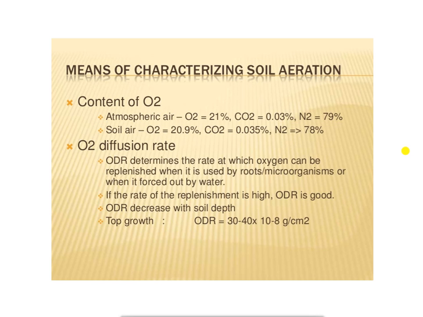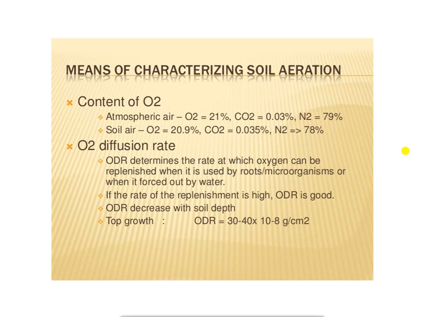In contrast, soil air contains 20.9% of oxygen, 0.03% of carbon dioxide, and nitrogen 78%. Do you know what ODR is? It determines the rate at which oxygen can be replenished when it is used by roots or microorganisms or forced out by water. It is called oxygen diffusion rate.